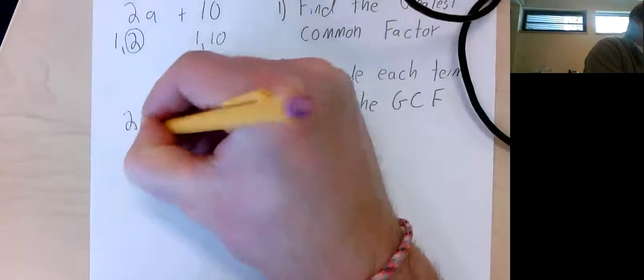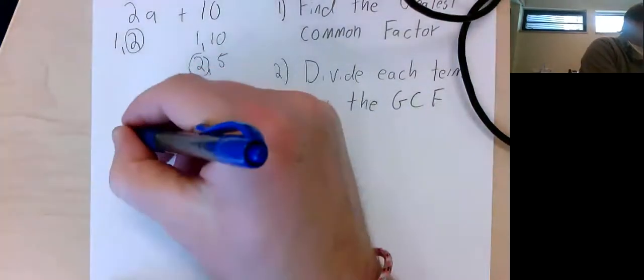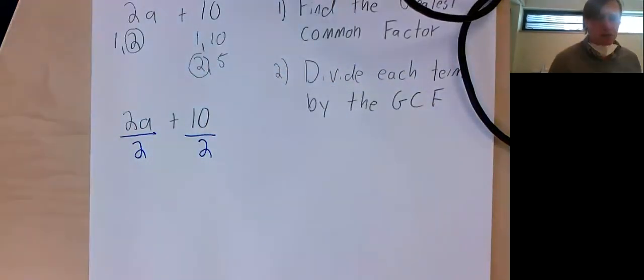So we got 2a plus 10, and we're going to divide each of these terms by our greatest common factor, which in this case is 2.